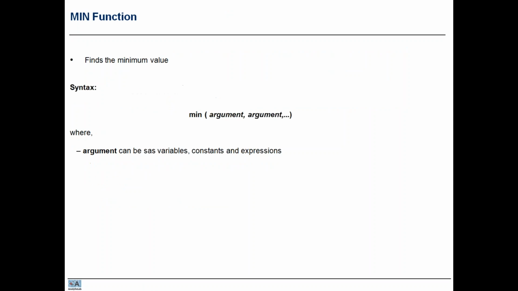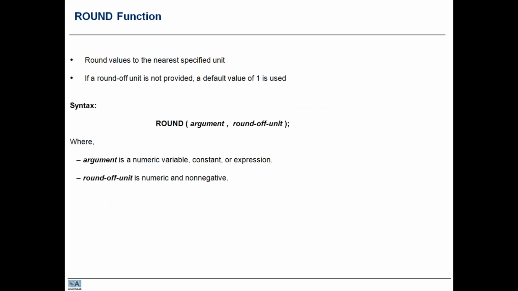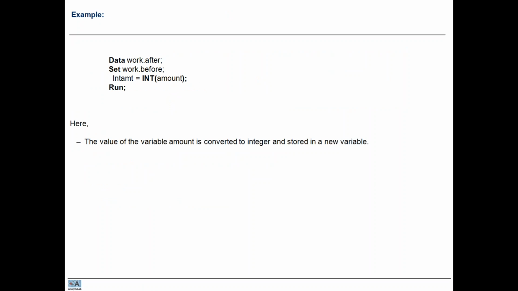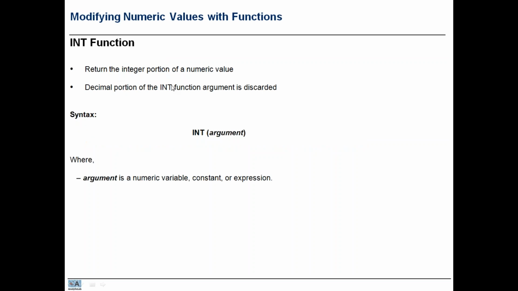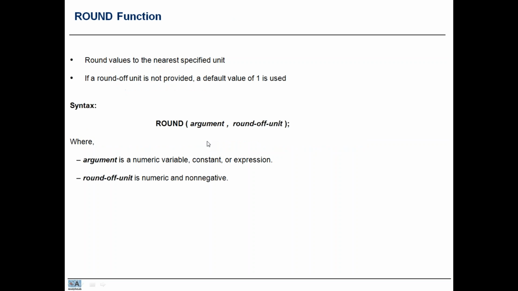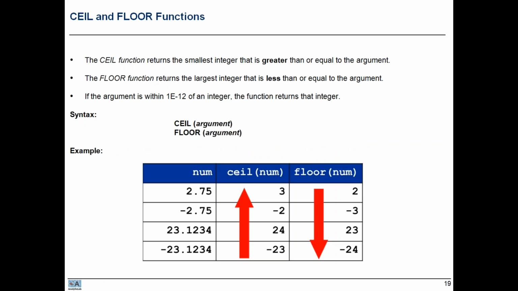So, okay. As I said, integer is doing nothing, it is just going to extract the integer portion and give it to you. Now the ceil and the floor functions. Read this.